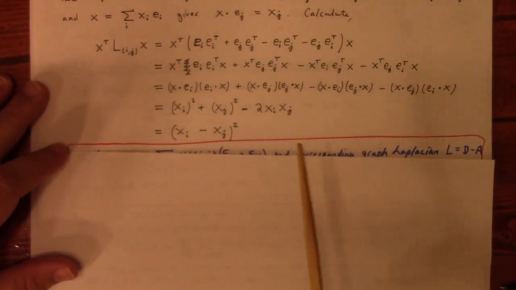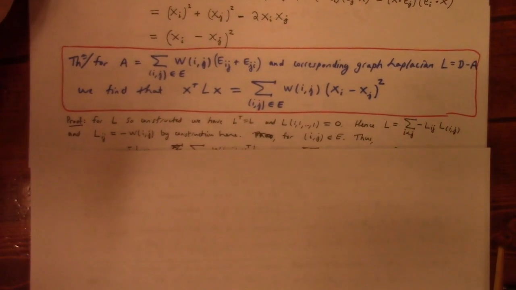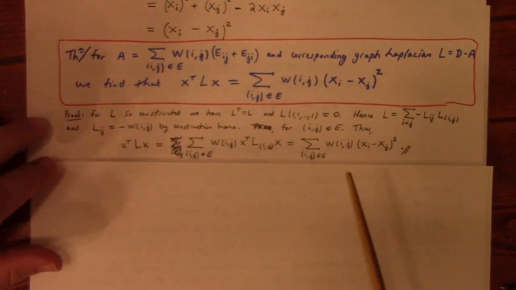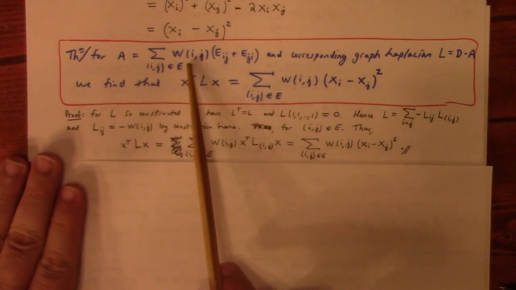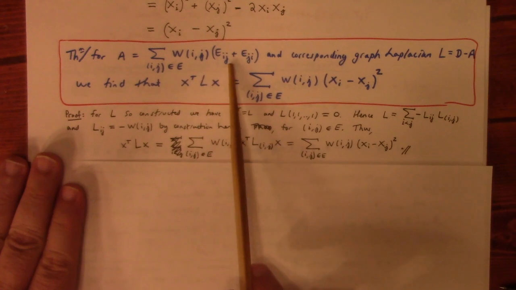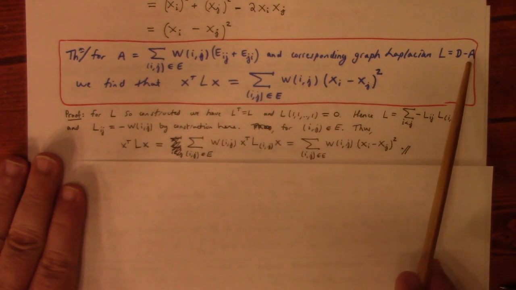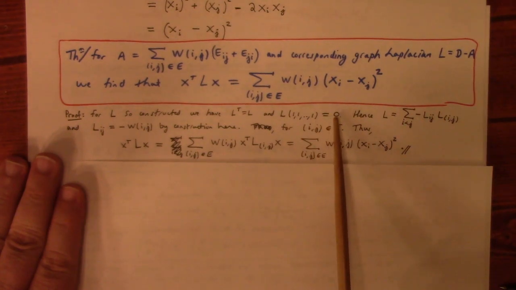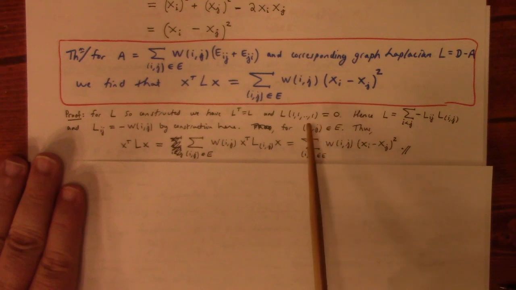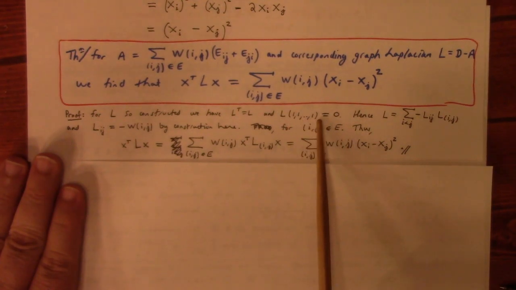Which is pretty fantastic, because when you combine it with the theorem that we just had on the previous page, what do you get? Well, if you have the adjacency matrix with weights wij and the corresponding graph Laplacian L equals D minus A, which is a symmetric matrix, which takes 1, 1, 1, 1, 1, 1, 1, 1, n-fold, as a null vector, it's a zero eigenvector.